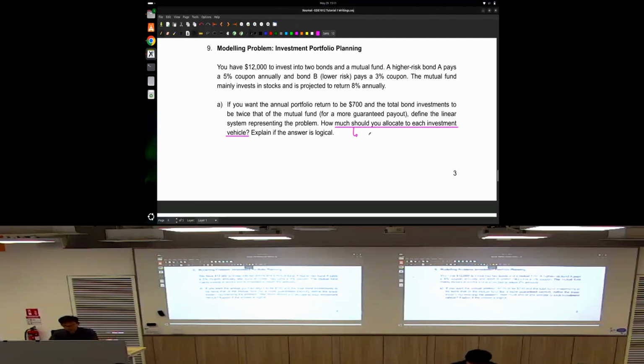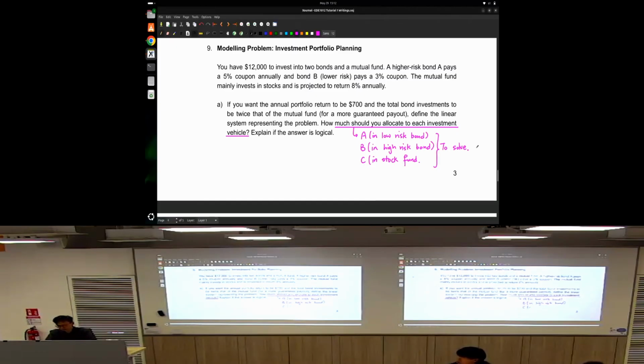Maybe I'll just use ABC. A will be in the low risk bond, then B is in the high risk bond, then C will be in the fund. So that means you have three unknowns A, B, C to solve.